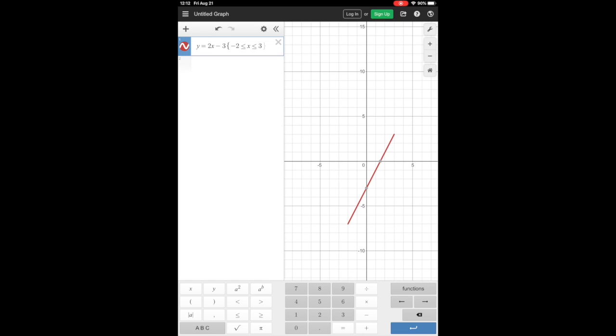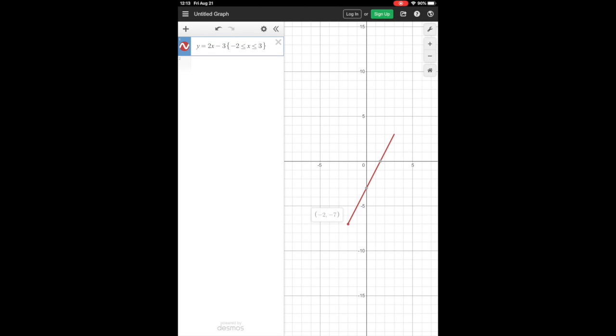And then notice that it will make that exact spot for me. And it will only give me points from -2, -7, up to 3, 3. It will not do anything else on there.